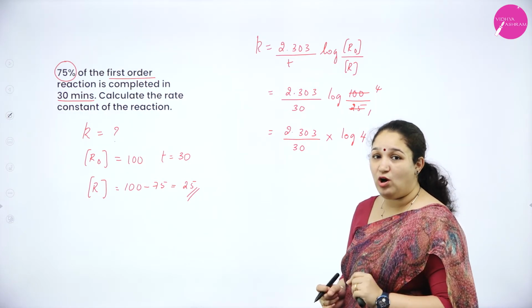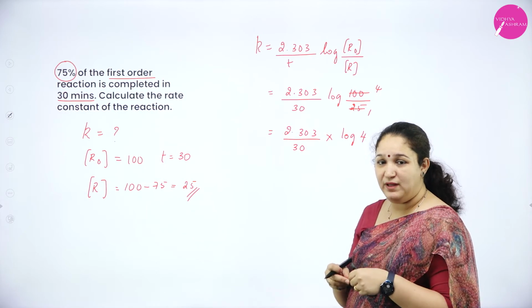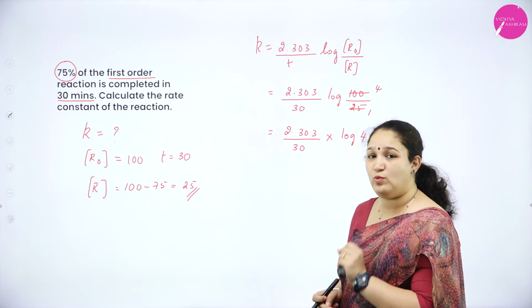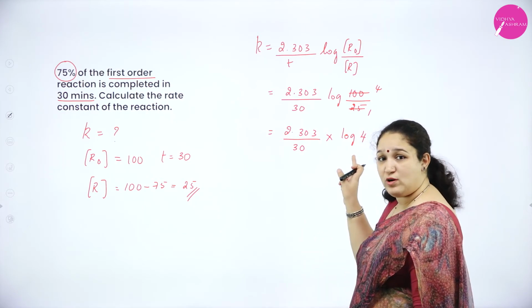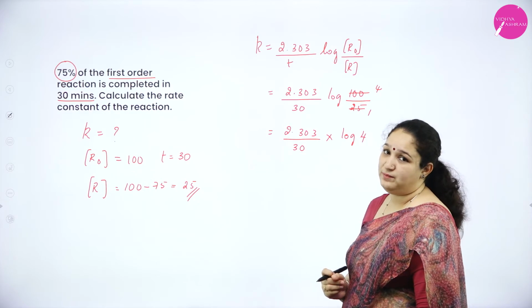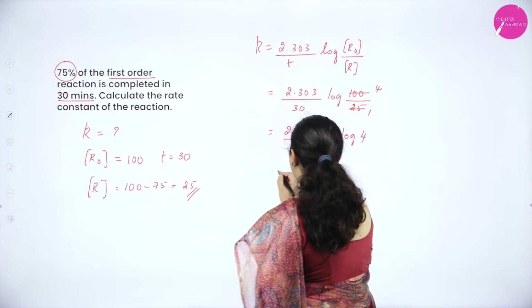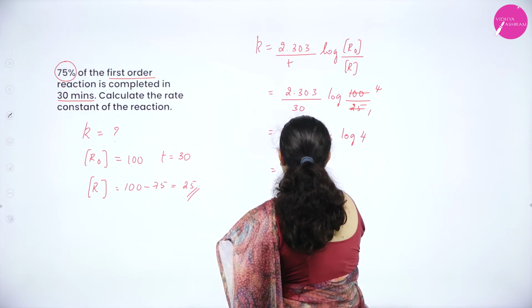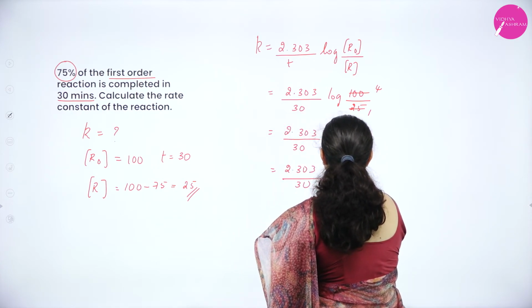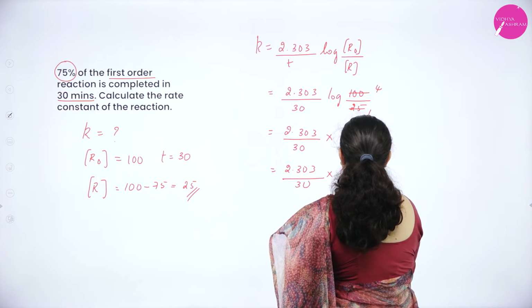You can see in your log table, 40 under 0, you will get 6021. But we have log 4, isn't it? So it is 0.6021. Okay, so we'll substitute 2.303 by 30 into 0.6021.